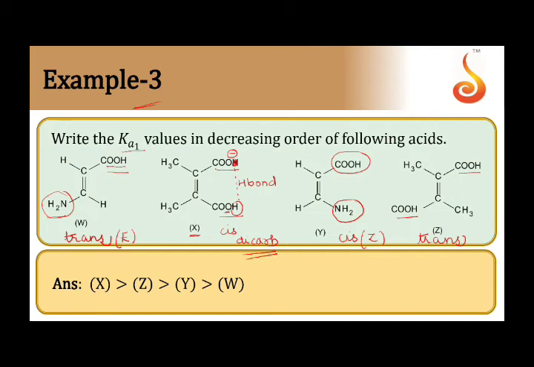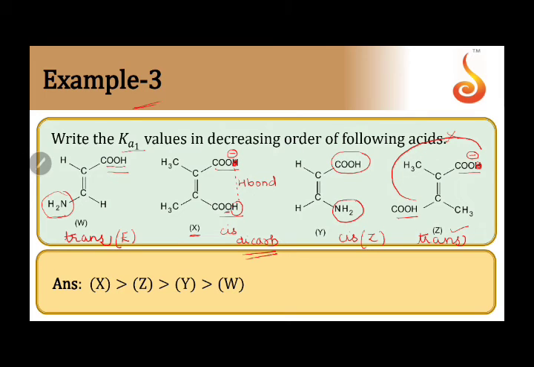If we apply the same logic to this trans isomer, that is this Z compound, then if this carboxylic acid loses that proton forming a negative charge here, it is very difficult for this hydrogen to bond with this O minus. Hydrogen bond is almost impossible here because the groups are on opposite sides.